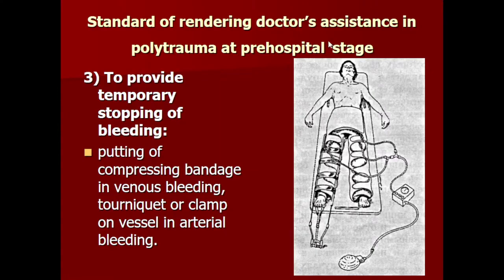Why? The patient lies on a hard surface, a stretcher, and plus it's very important if the patient has damage to vertebra, pelvis and extremity. Next, immobilization. You look, pneumatic splint.